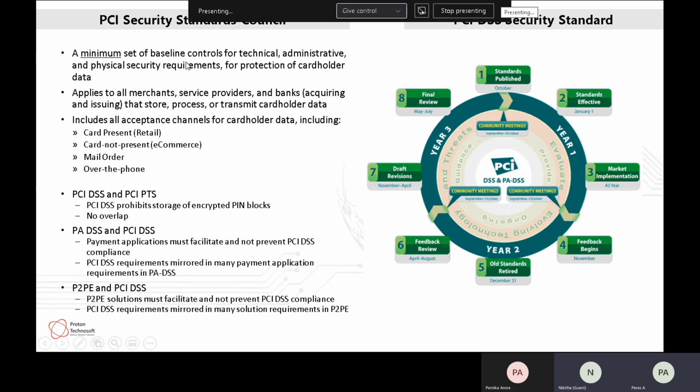The minimum set of baseline means it's a binary standard. So PCI is not like ISO. PCI controls are binary in nature. When I say binary, it is either true or false. So you don't have too much space to play around with the words. The PCI control will be: you should have a minimum of 7 characters in the password.